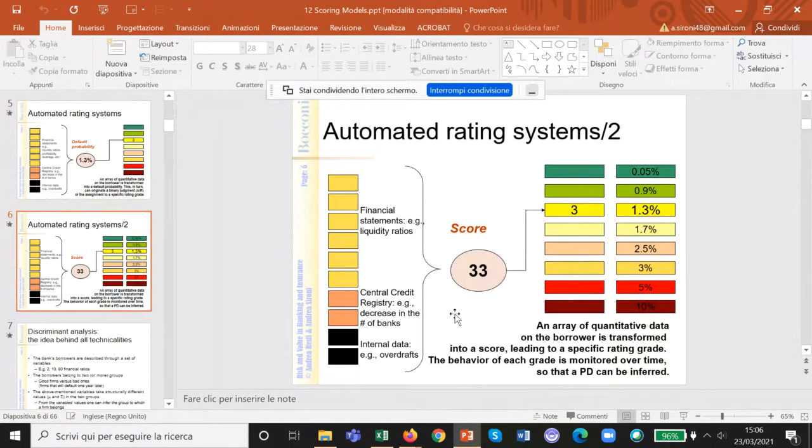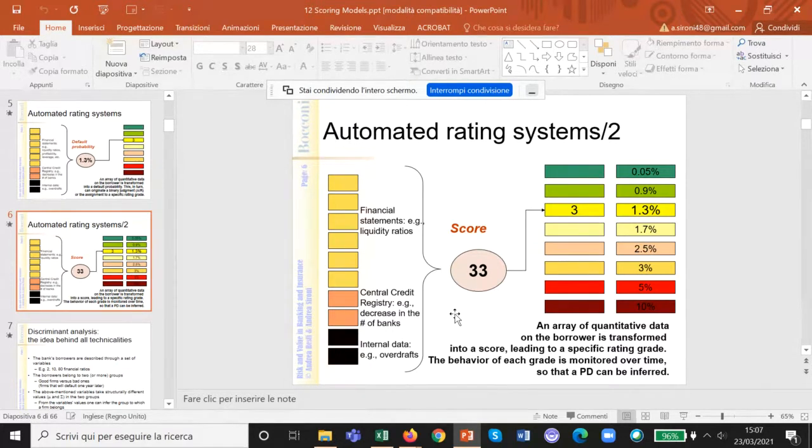Or more frequently, this is most generally the case, the same inputs can be used to generate a score, and based on that score, then a rating grade is assigned. So say, for example, all the borrowers that have a score between 30 and 40 go to rating grade 3, okay? And then what one can do is estimate the historical default frequency associated to that rating grade, okay? And therefore, this can be used as a proxy of the PD.